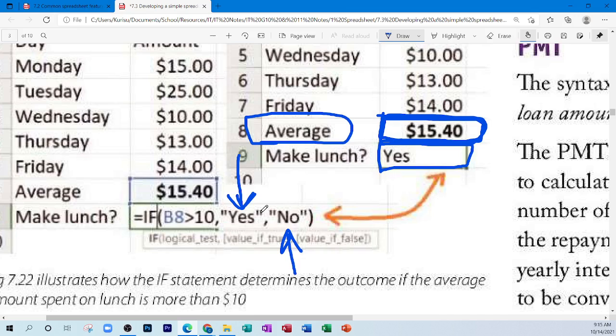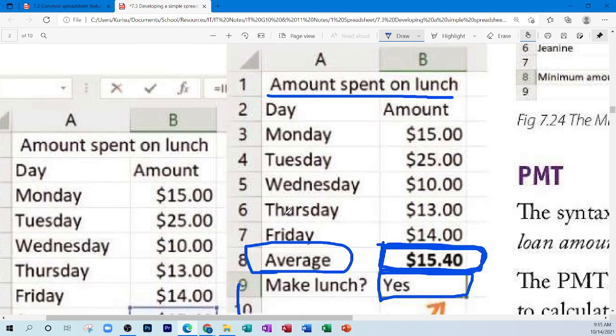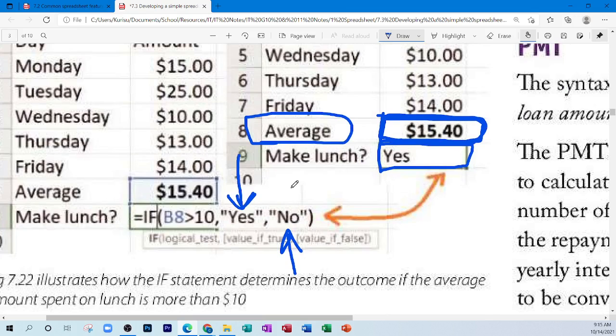So you have another situation where we have to use double quotation marks. So in a nutshell, that's basically how it works. You run a test. If the test is true, that part of the syntax will be carried out. If the test is false, the false part of the syntax will be carried out.